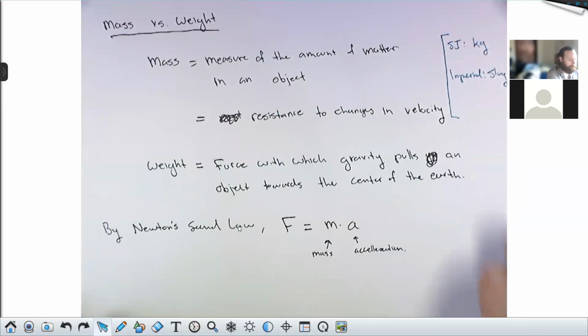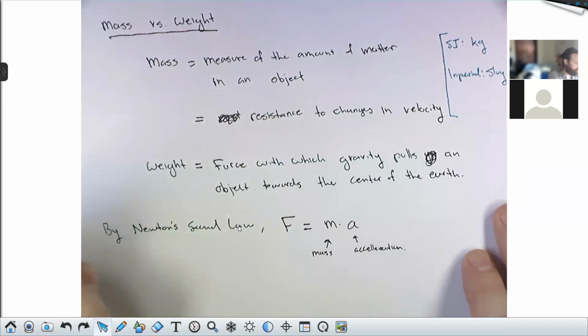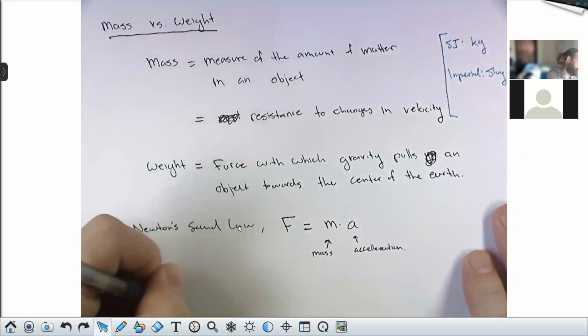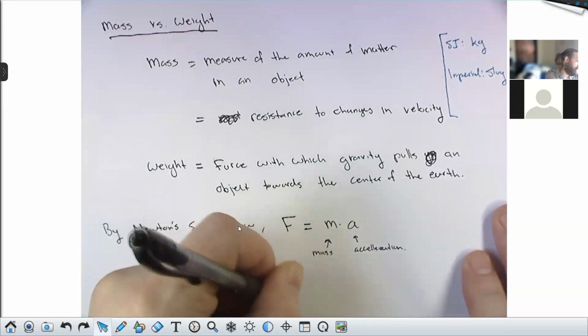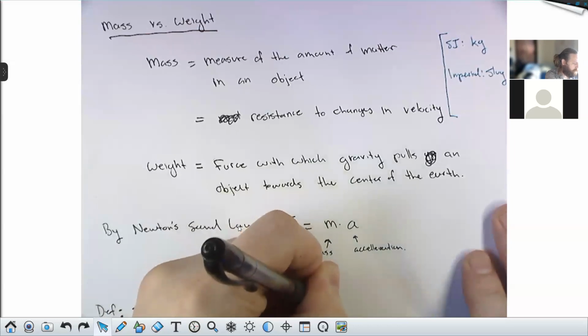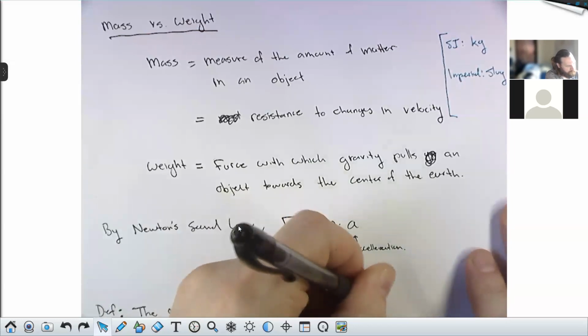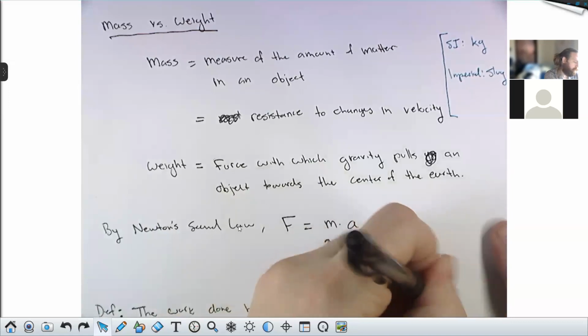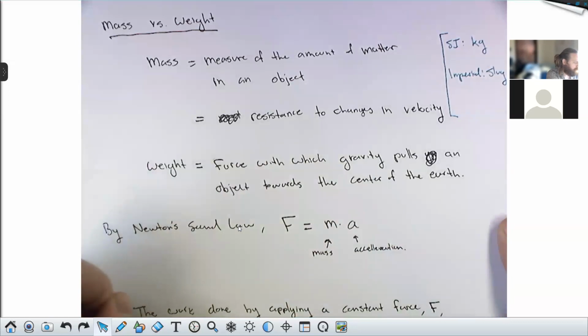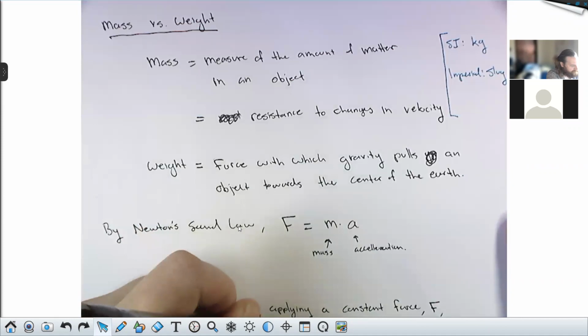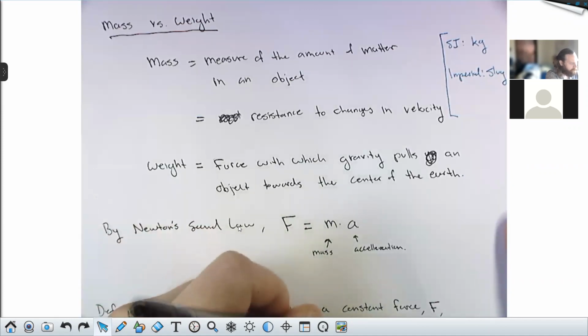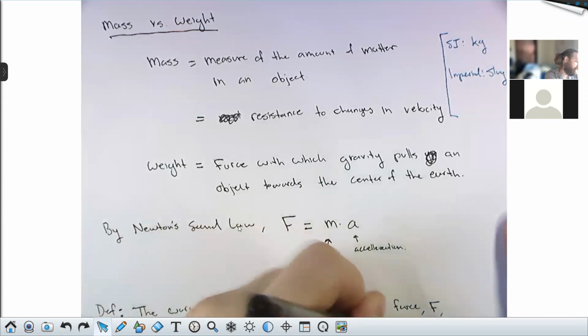So here's the mathematical definition of work that we're going to use. The work done by applying a constant force F over a distance, we call it X, is the force times the distance.